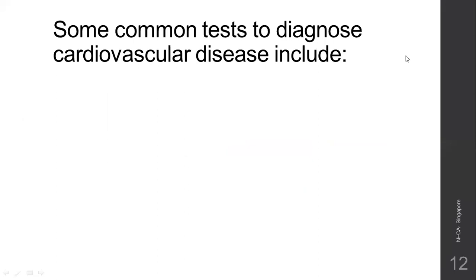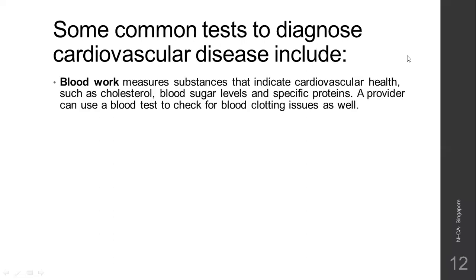Some of the common tests to diagnose cardiovascular diseases are blood work: cholesterol levels, blood sugar levels, protein present in the blood. These are the common tests used to check.